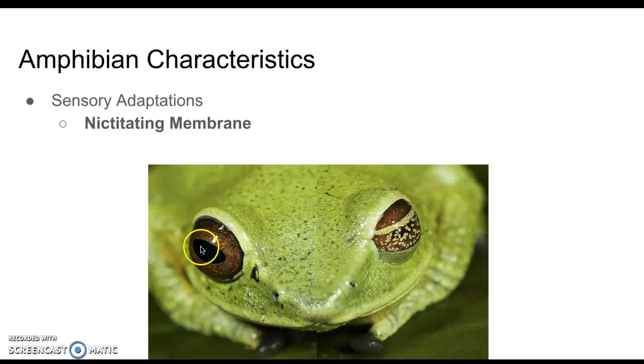Your eyes sting. You don't have a clear vision. The moment you put your goggles on, you're able to see a lot better. This nictitating membrane works like their own built-in goggles, where the membrane comes up and it allows them to see underwater.